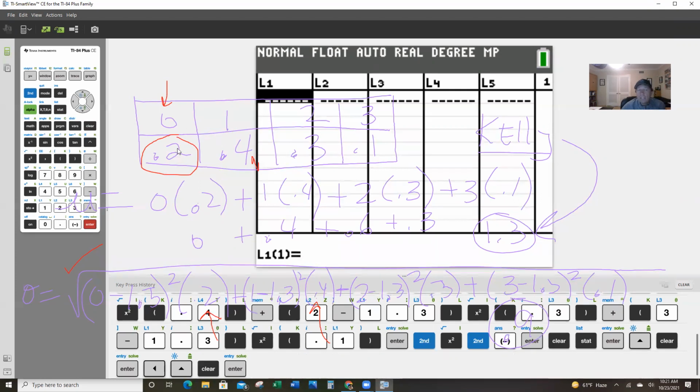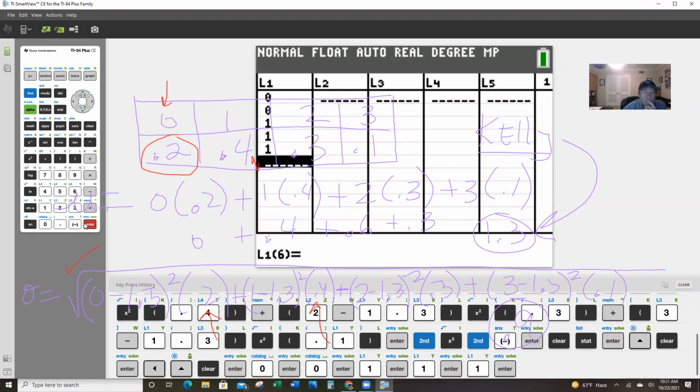So this is in tenths, so I'm going to type in 10 numbers. 2 of the numbers should be 0, correct? Because 20% of the distribution, where my arrow is, is zeros. There should be 4 ones. The reason there should be 4 ones is because 40% of the distribution is ones.